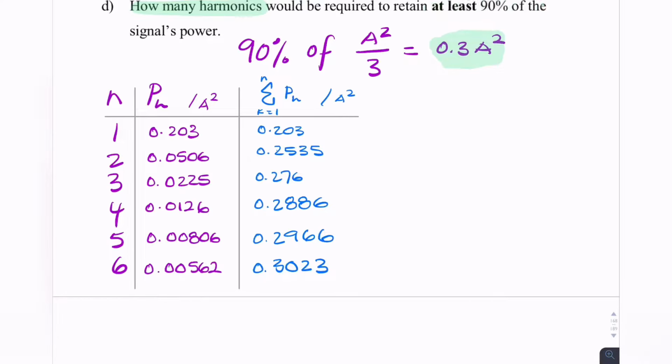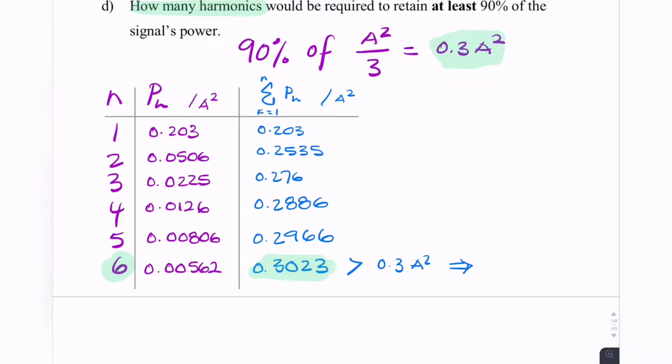So we want at least 0.3 a squared. Here you have 0.3023 a squared. So how many harmonics do we need? We need at least 6, because this is greater than 0.3 a squared.